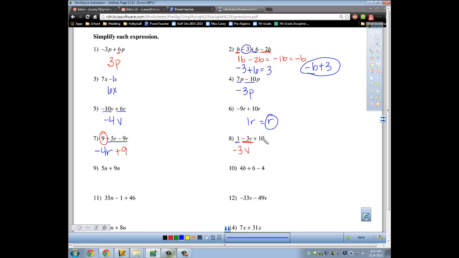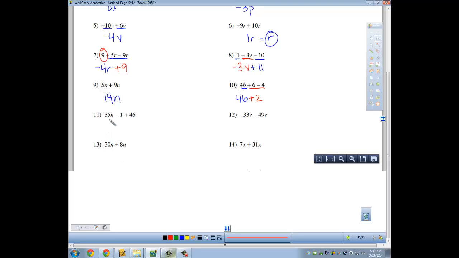And then I have a positive 1 plus 10 gives me a positive 11. 5n plus 9n is 14n.